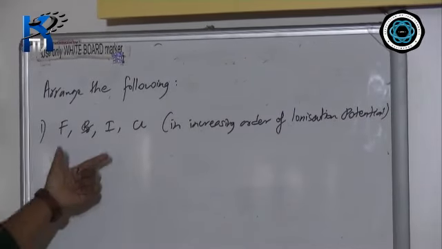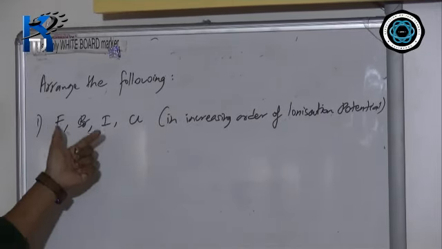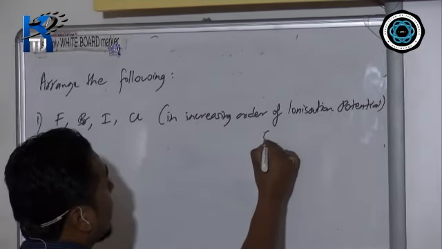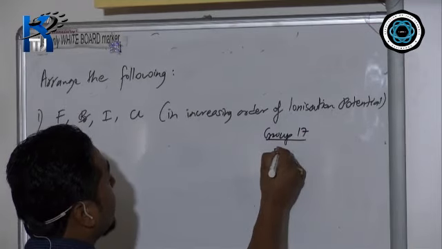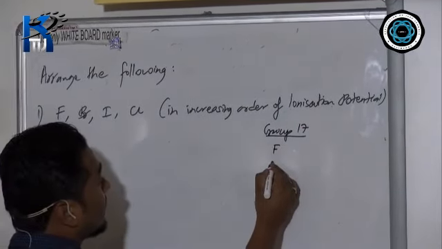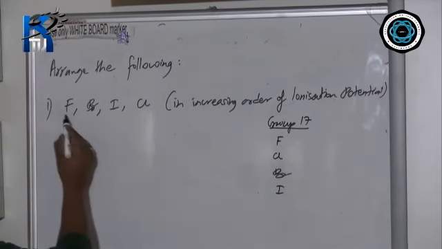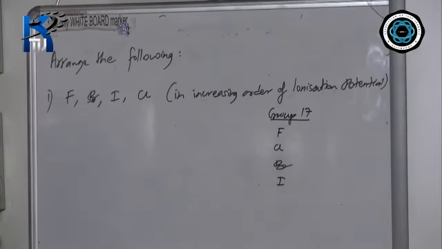Actually, these are all elements of group 17. So first arrange them the way they are in the periodic table. The first element in that group is fluorine, after that comes chlorine, then bromine, then iodine. It is given in jumbled form, so I have arranged them in sequence the way they are in the periodic table.